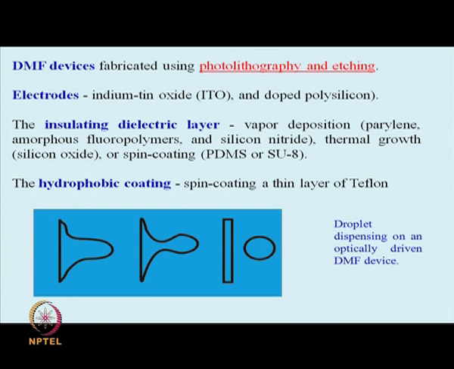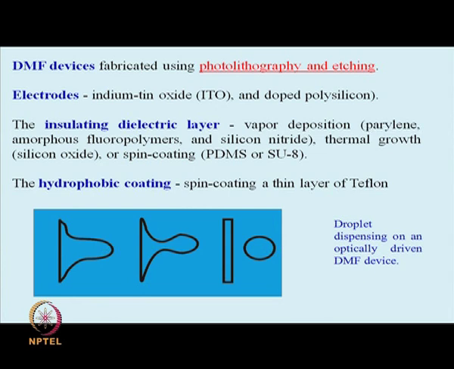You can grow a silicon oxide on a silicon wafer, and the silicon oxide will act as the dielectric layer, and the advantage is that you can control the thickness of the silicon oxide, thereby changing the breakdown voltage, and you can tune it in such a way that you can operate a silicon oxide coated silicon wafer in electrowetting experiments over a large range of voltages.